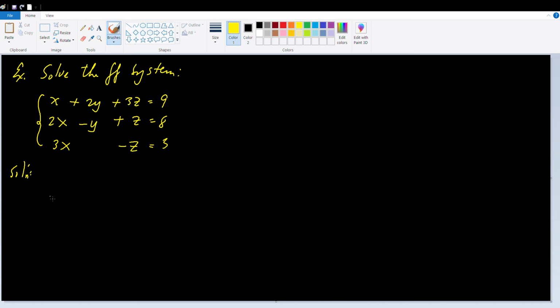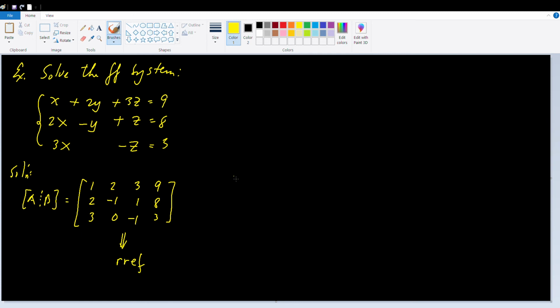Let us form the augmented matrix AB. That will be the coefficients 1, 2, 3, 2, -1, 1, 3, 0, -1. And then we append the elements of B, which are 9, 8, and 3. So we shall transform this into reduced row echelon form.